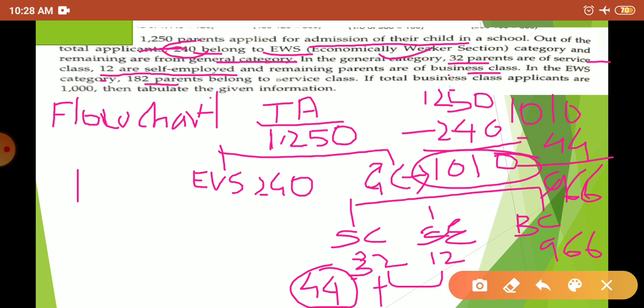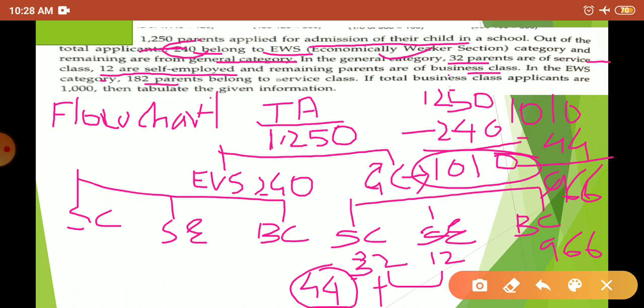Now we are going to classify EWS in the same way: service class, then self-employed, then business class. Okay, students, now what is written here?